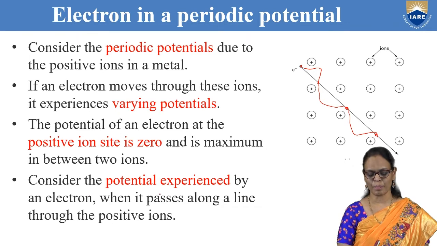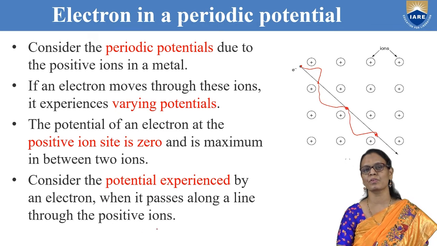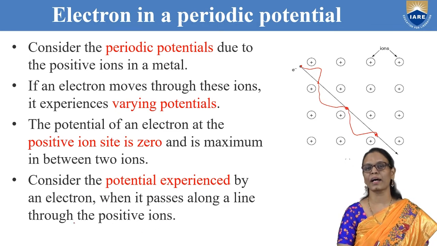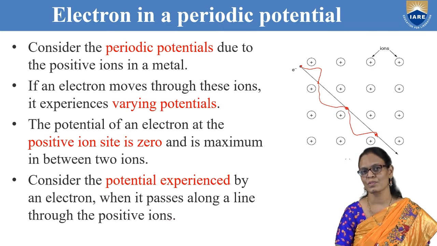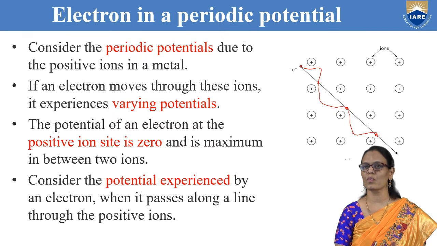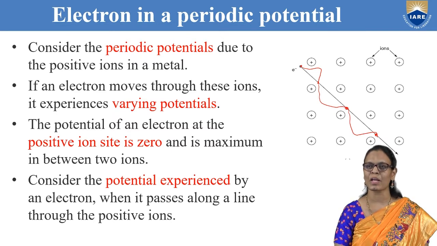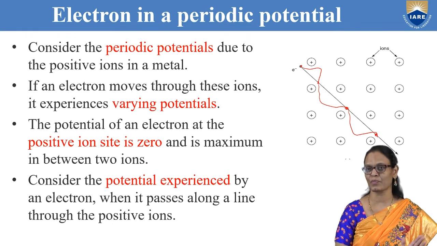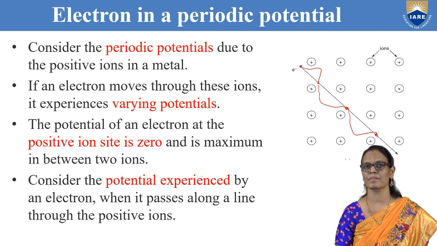So consider the potential experienced by this electron when it passes along a line through the positive ion cores. When they considered this potential variation, they said the oversimplified assumption was wrong and that the electrons experience various potentials, which can be utilized to explain the classification of materials.